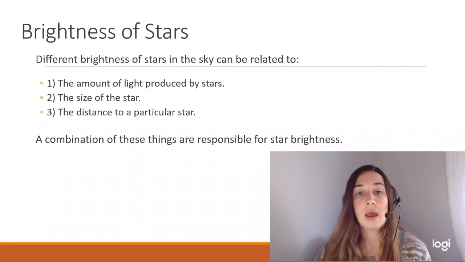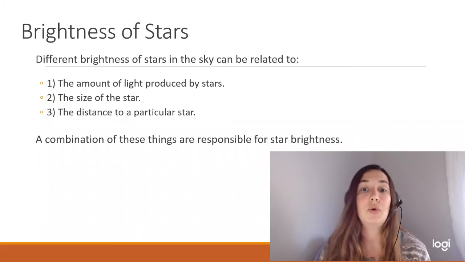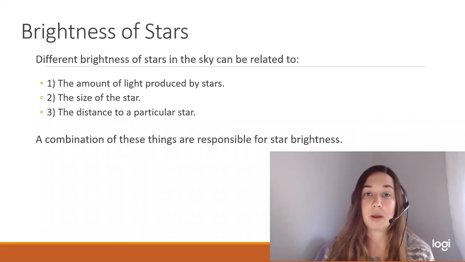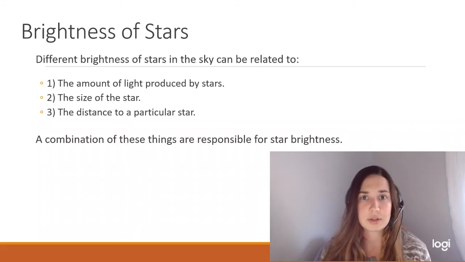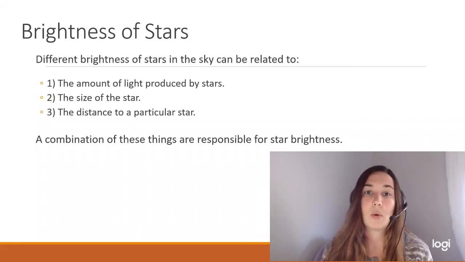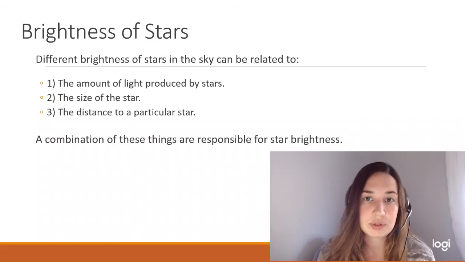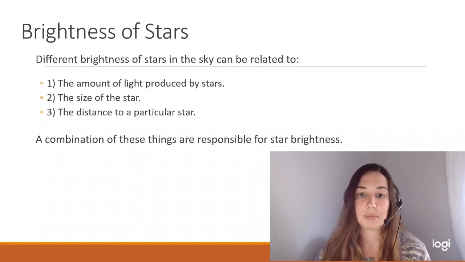And then lastly, the distance to a particular star. So stars that are farther away might appear less bright, where stars that are closer, like our sun, for instance, might appear way more bright. Or even our North Star appears very bright as well. So the distance to the star does affect the brightness.